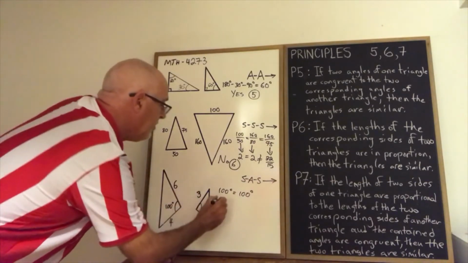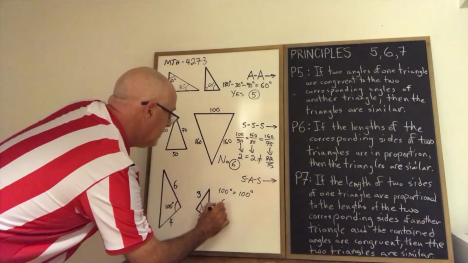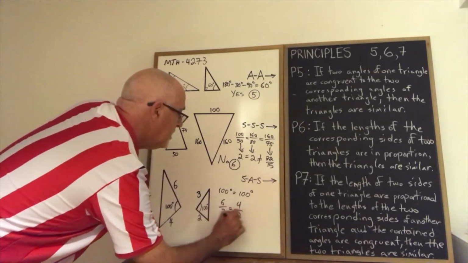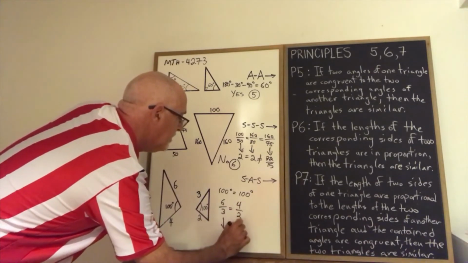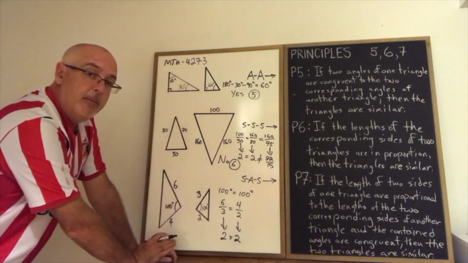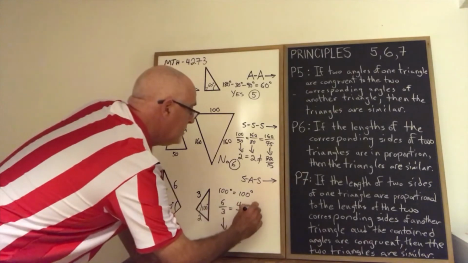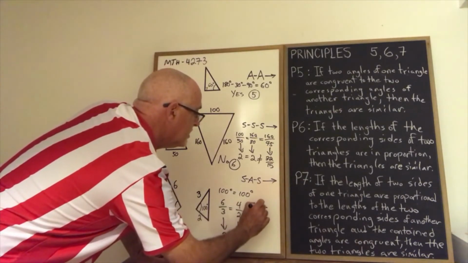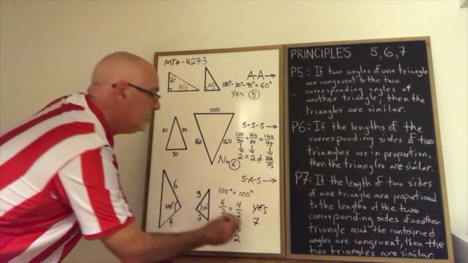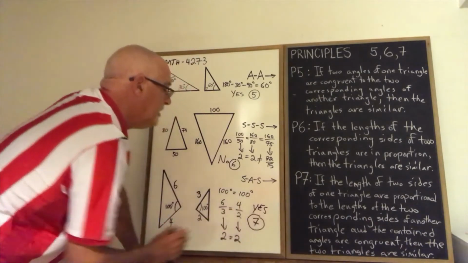And when I check for proportionality, I can see that 6 over 3 is equal to 4 over 2. Both reduce to give 2. So I have enough information to say, yes, these two triangles are similar, and my justification, besides these calculations, is that I used Principle 7.